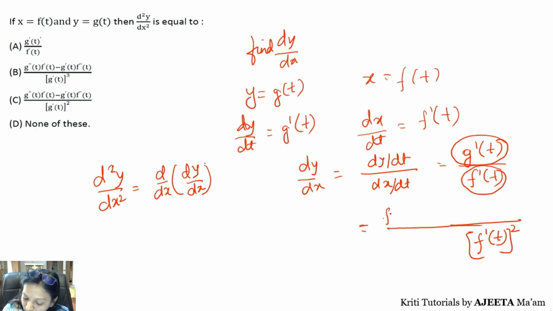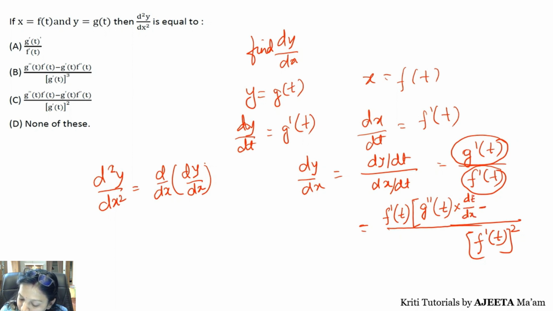Now, f dash t as it is, derivative of g dash t. That is g double dash t. Correct? Along with it, what will come? Because it's a function of t. So what will come along with this? Because you are differentiating it with respect to x. So what will come? Yes, dt by dx.